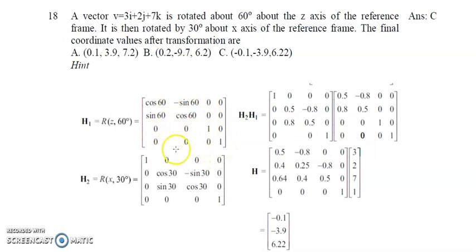This is for the z axis, so this is cos 60, minus sin 60, sin 60, cos 60. And H2 is rotation about the x axis for an angle of 30 degrees.